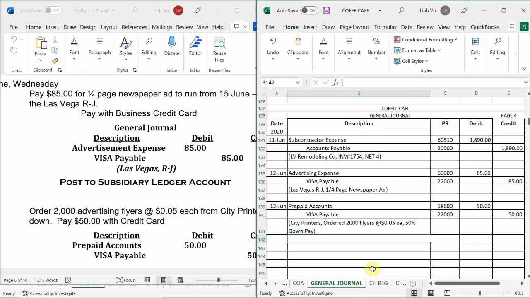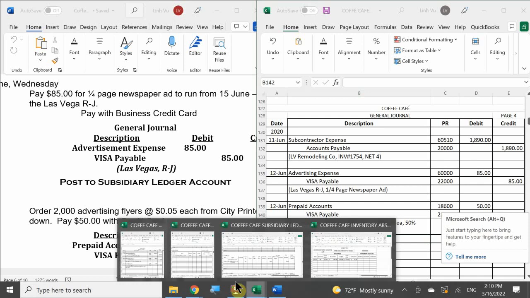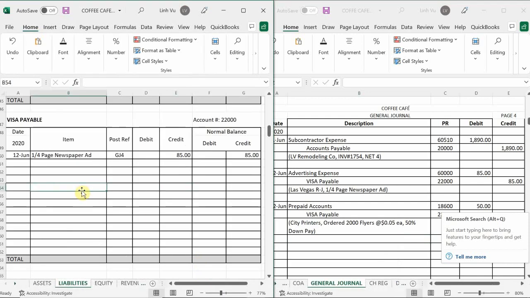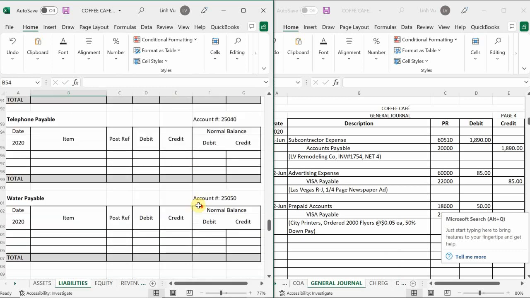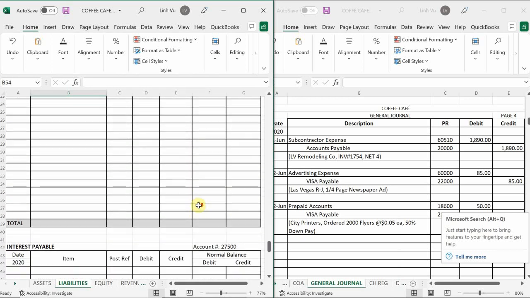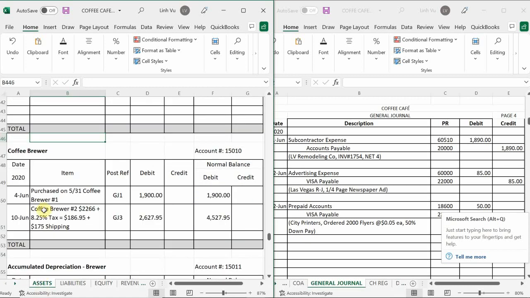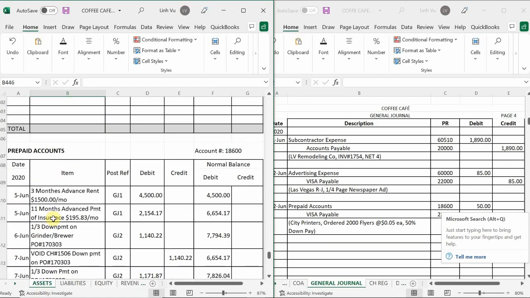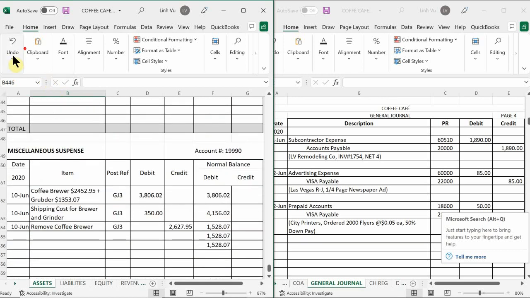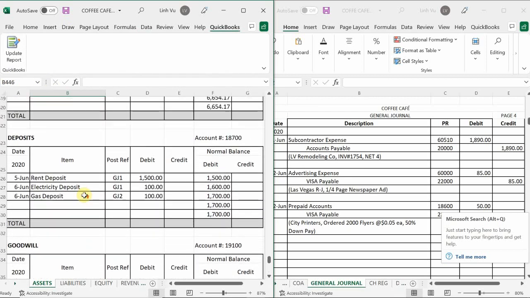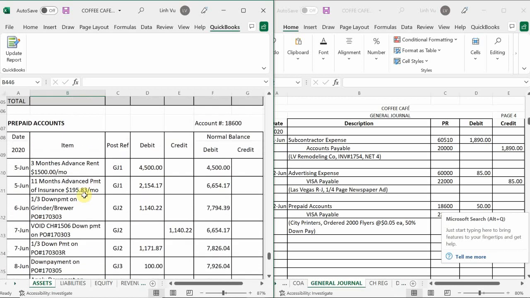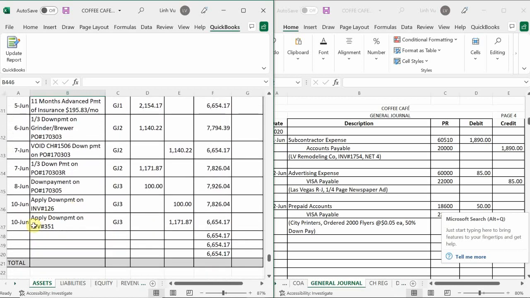So once again, I now need to go to my ledger account. Here, let's see, I've got a prepaid account. Oh, I'm in the wrong type. Here you go, prepaid accounts.